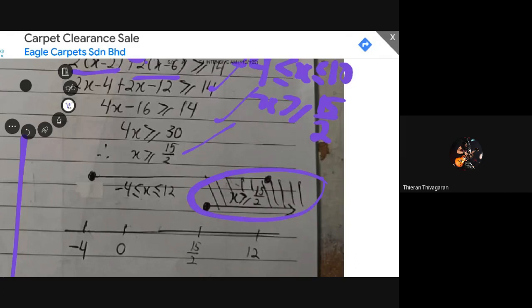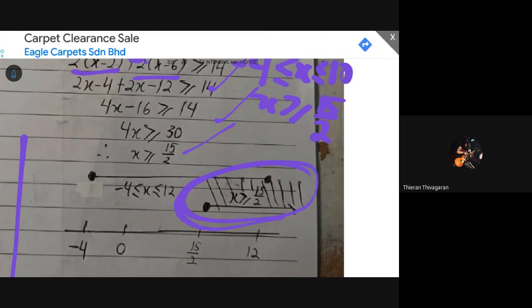That's why never ingat. Okay, so if you can see the common region over here, can you all tell me what will be your final answer now? Cuba teka apa jawapan akhir sekarang based on what I show over here. Just type out and see what will be your inequality for your final answer.